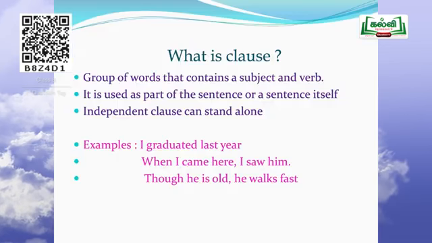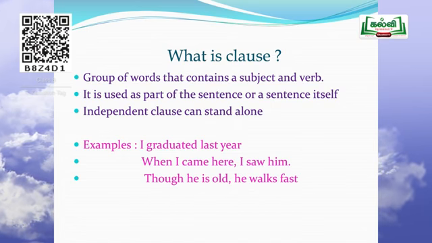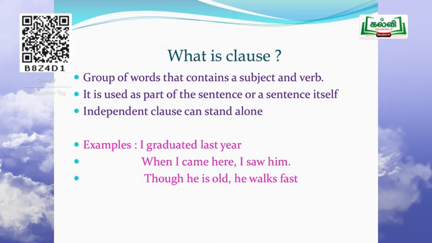The third thing is clause. We understood what is a sentence and what is a phrase. Now move on to what is a clause. A clause is a group of words that contains a subject and verb. It is used as a part of the sentence or a sentence itself.